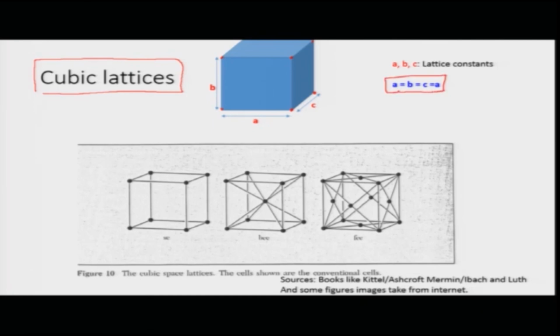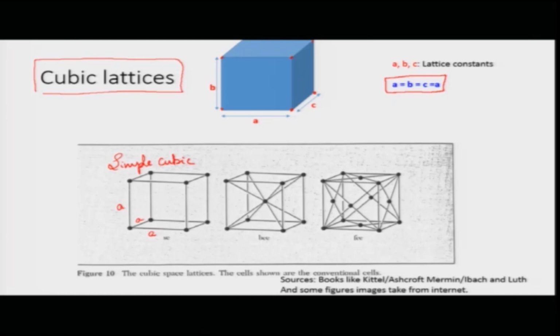For a cube the sides have the same length, so it is natural that the name comes as cubic lattice. So, this is the simple cubic lattice, where the points are arranged at the corners of the cube and a is the same along all the different directions. The lattice constants are identical.